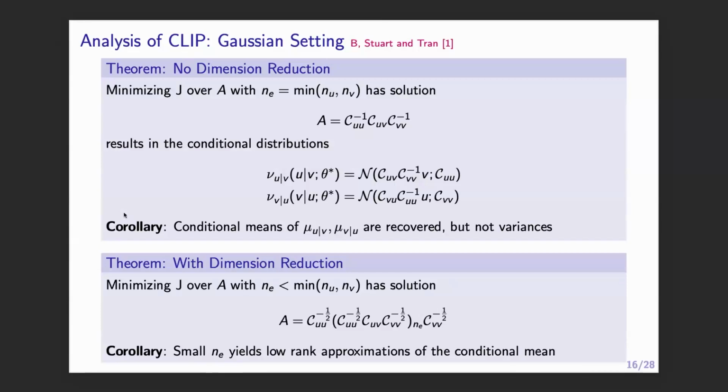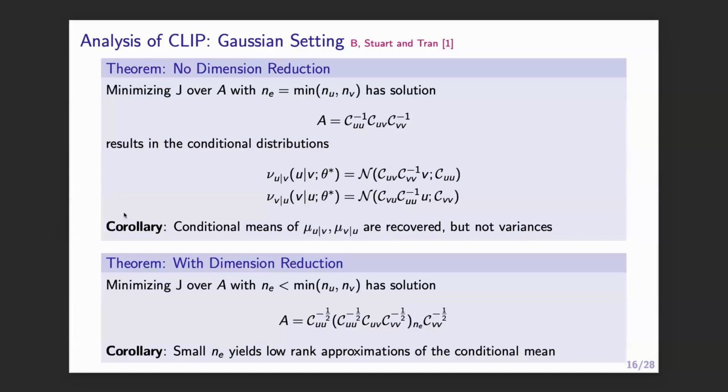It corresponds to a type of normalized cross covariance, the covariance CUV divided by the marginal covariances of U and V. But what was surprising is that if you plug that in to see what approximation results for the conditionals given this choice, it results in conditional distributions that have the right conditional mean, but an overinflated conditional variance.